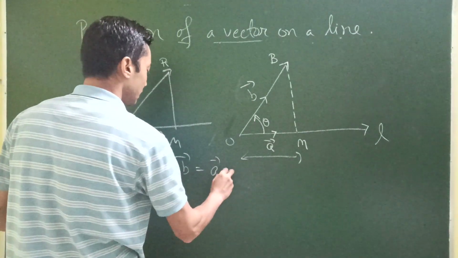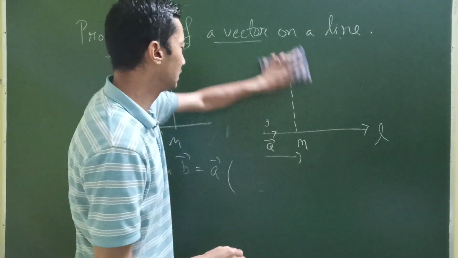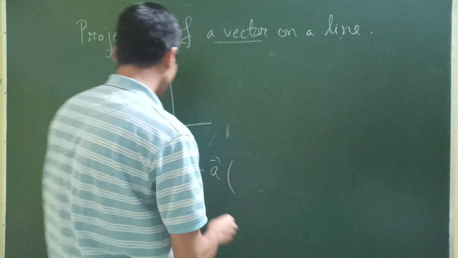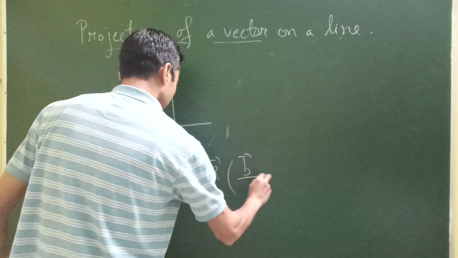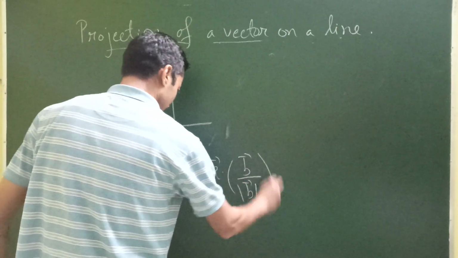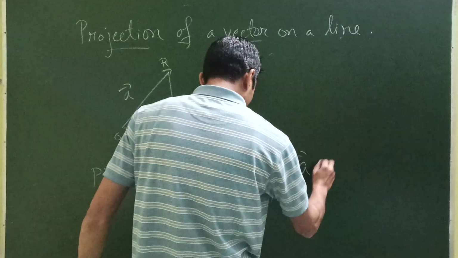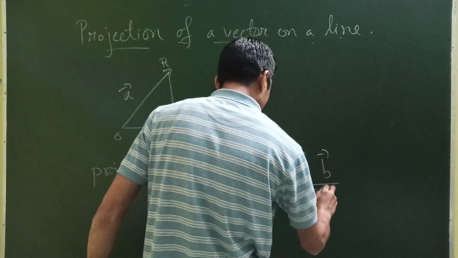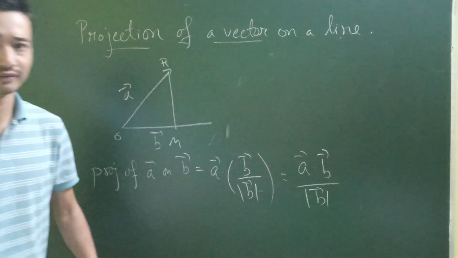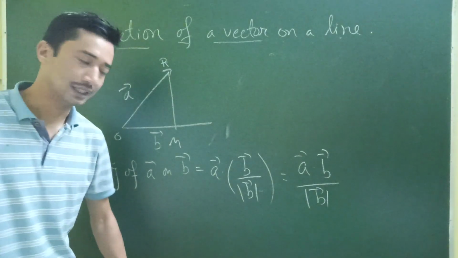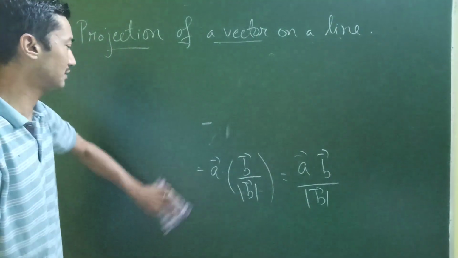Vector A dot the unit vector of the directed line. So B upon magnitude of B, or in other words, A dot B upon magnitude of vector B, something like that. Okay, so it's not a very difficult topic, it's a very simple topic.